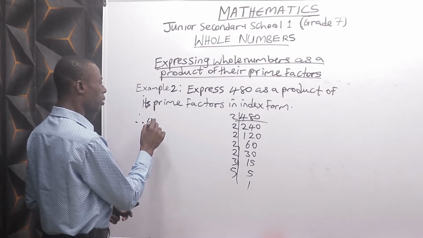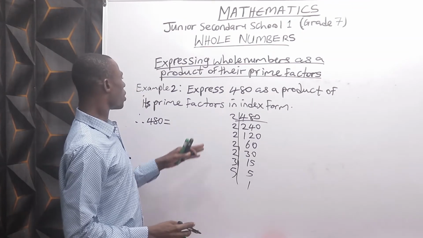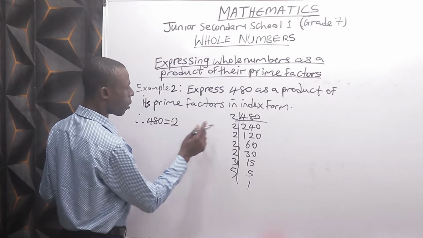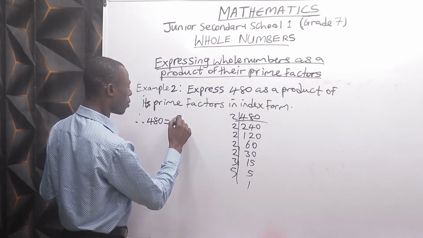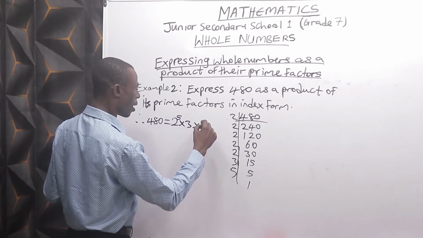Therefore, 480 is expressed as a product of its prime factors in index form as 2 raised to power 1, 2, 3, 4, 5. 2 raised to power 5 times 3 times 5.